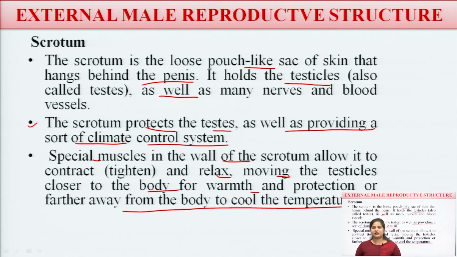If the sperms become infertile, what happens? The zygote is not formed, because there is no zygote formation.